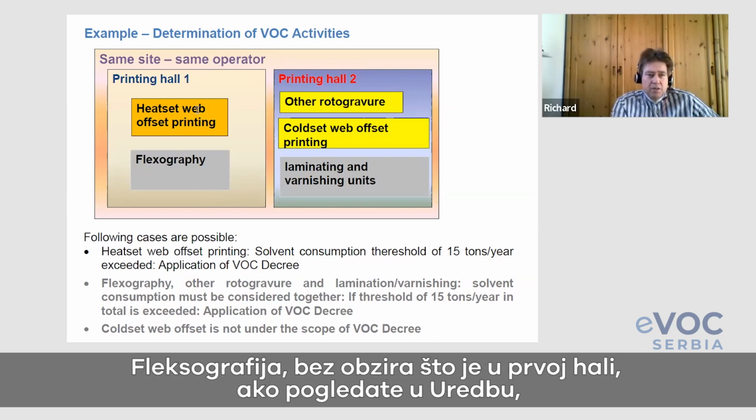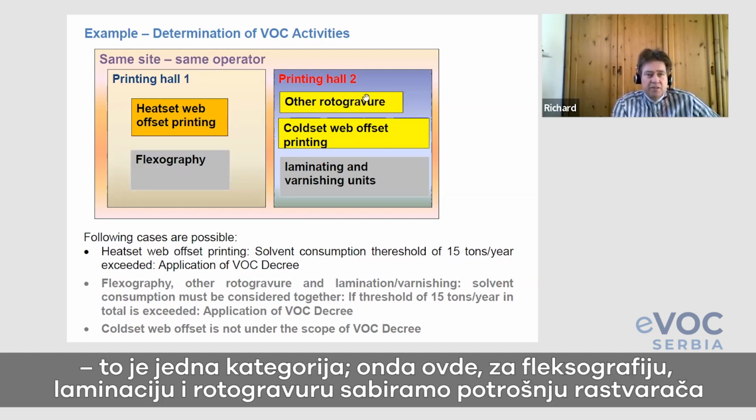Now, there we have the flexography, and even though it's in printing hall 1, if you look in the VOC decree, you will find flexography and other rotogravure and laminating and varnishing units, if associated with the printing, as one category for printing.